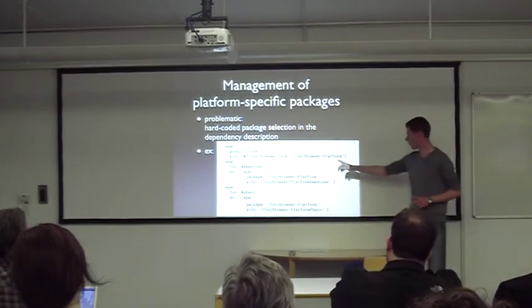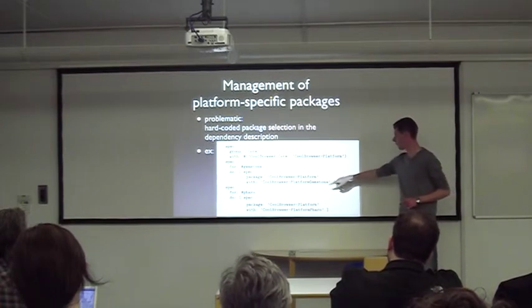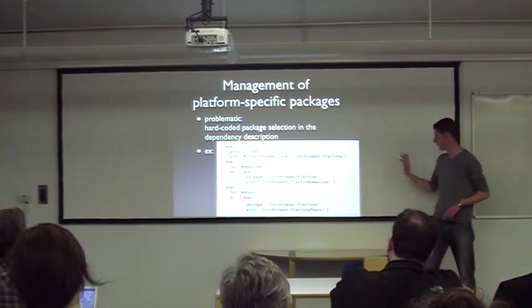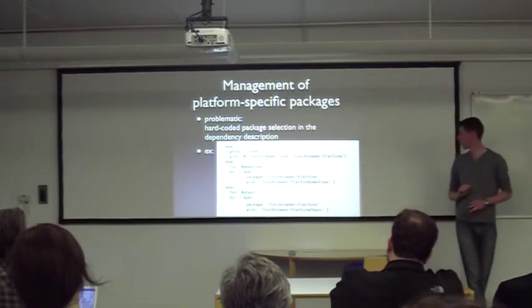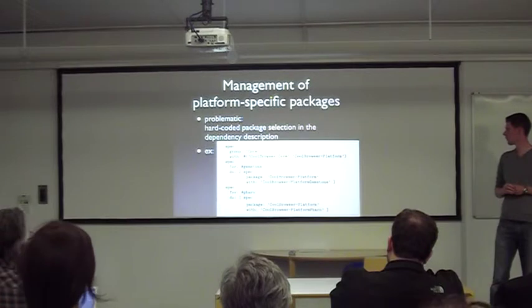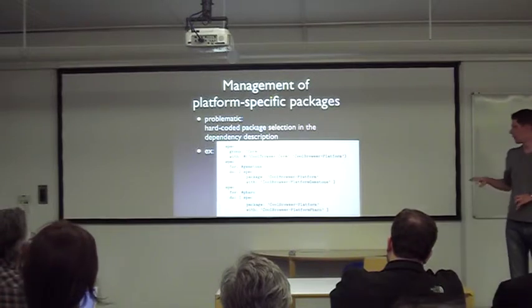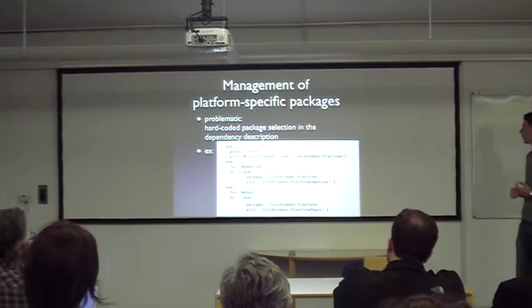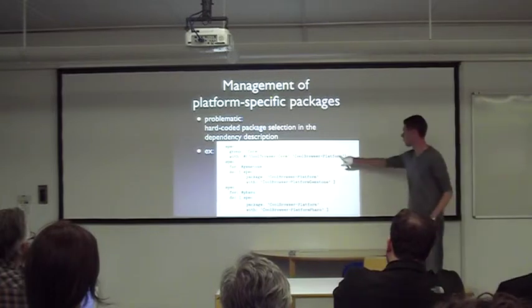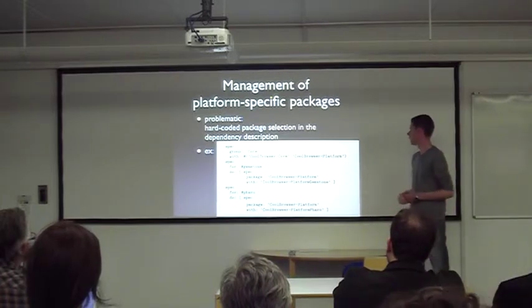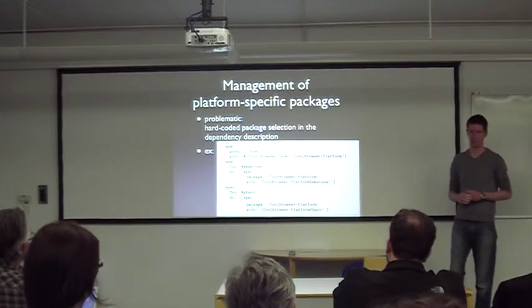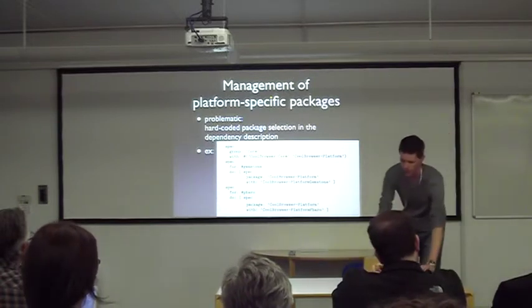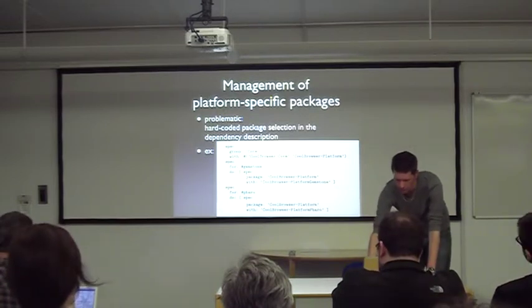For example, for GemStone it will be served by Comet browser platform GemStone, and for Pharo it will be Comet browser platform Pharo. In my opinion, it should be simpler. You should just say we need Comet browser platform, and then let the server choose the appropriate package, depending on the platform it will be installed on.